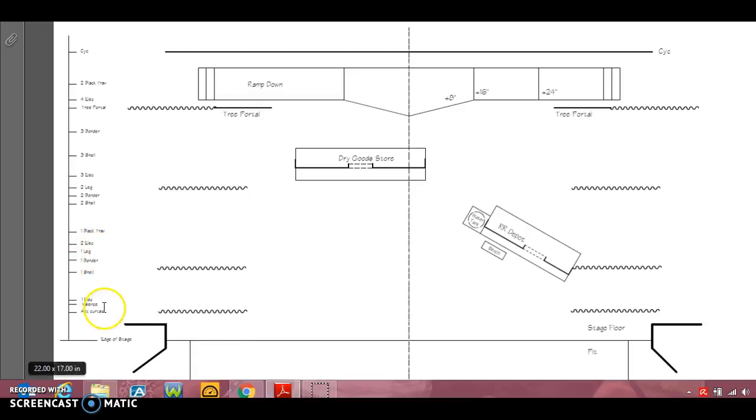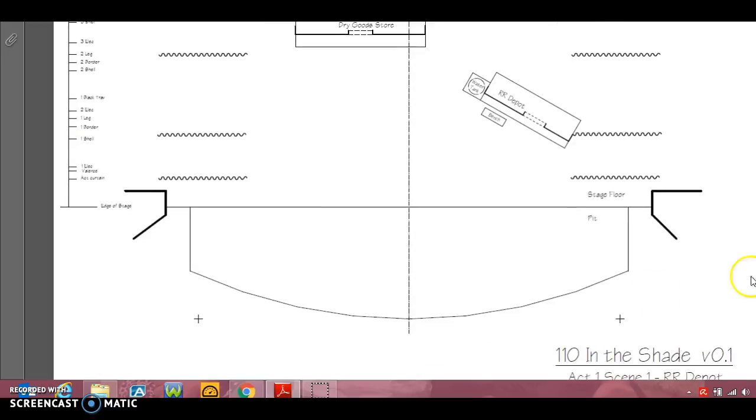So be aware of where you put things like your legs and travelers, your curtain, things like that, because we don't want audience members sitting back here and being able to see all this magic back here that is not a part of what's going on stage, and it be lost because we did not put masking like a leg right here. Okay? So then again, we're talking about the second electric, where all the lights go for the mid part of the stage right here. And again, we have that border there to help mask what's on that second electric.